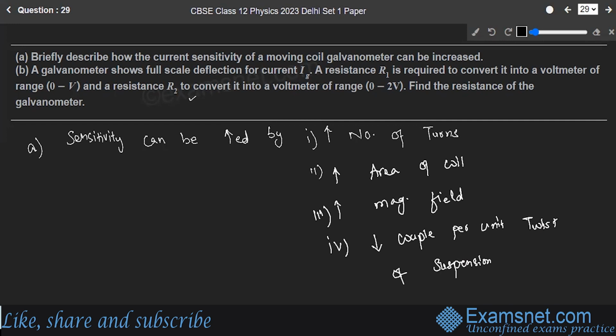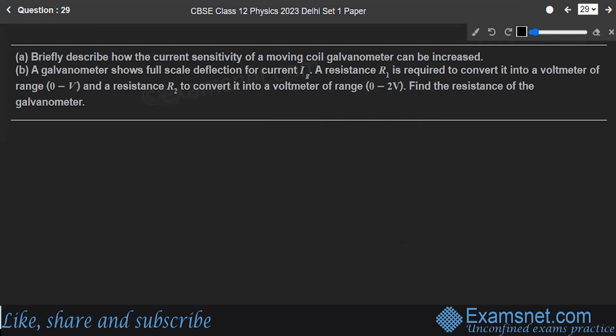So the second one. The galvanometer shows full scale deflection for the current IG. A resistance R1 is required to convert it into a voltmeter of range 0 to V, and the resistance R2 to convert it into a voltmeter of the range 0 to 2V. Find the resistance of the galvanometer. See, this is the circuit for your voltmeter.